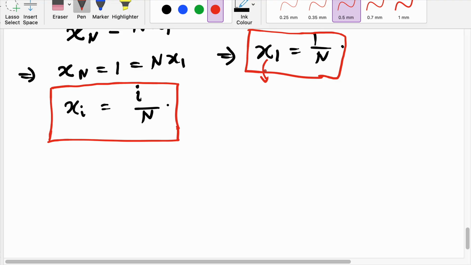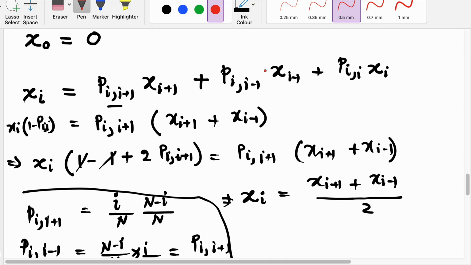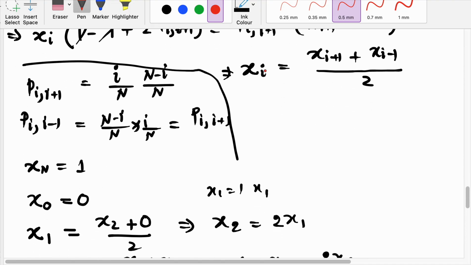And if there are i A-type individuals, and every A-type individual's probability is the same, 1 by n, what will be the total probability? That will be i by n. That's why it makes sense. Now whatever you are suggesting, that it should be multiplication, in the next step you will find that kind of multiplication coming here.